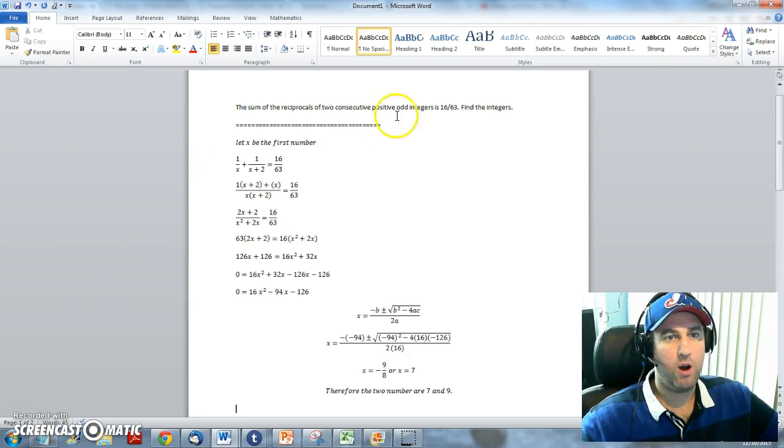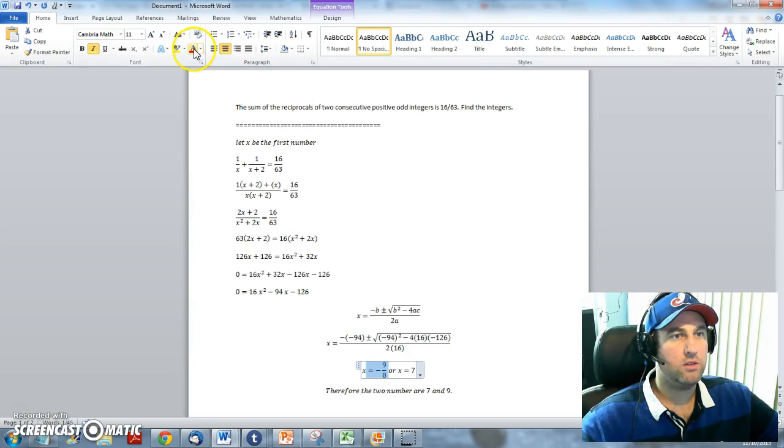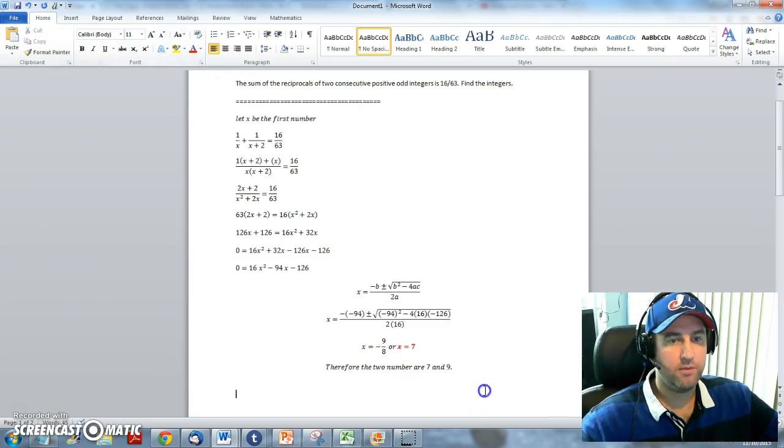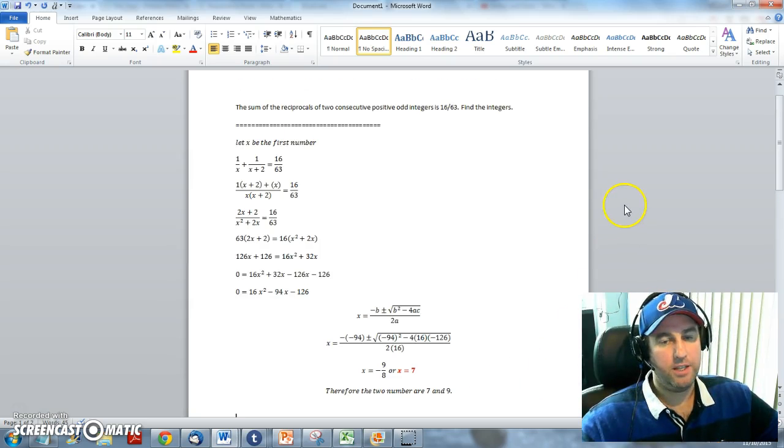They tell us that they're two positive odd integers. So also because we know that it's positive and this number here is negative, it can't be that. So we can just ignore this. This one here is the one that we're looking for. I'll make it red just so that we can see that. And that's all there is to it.